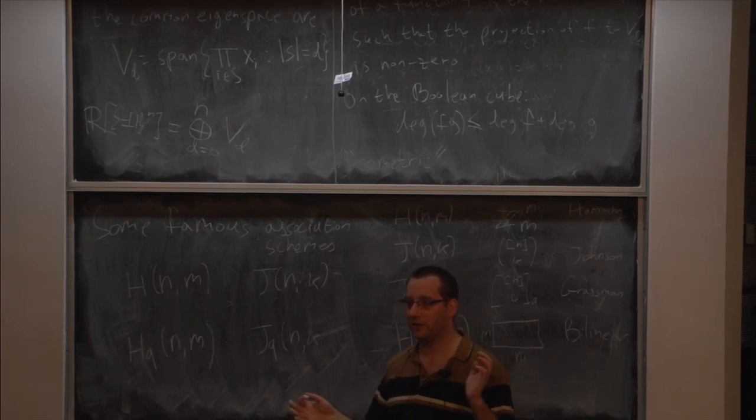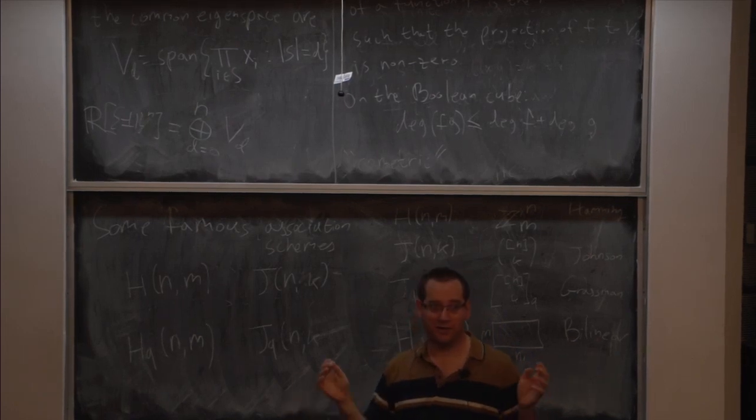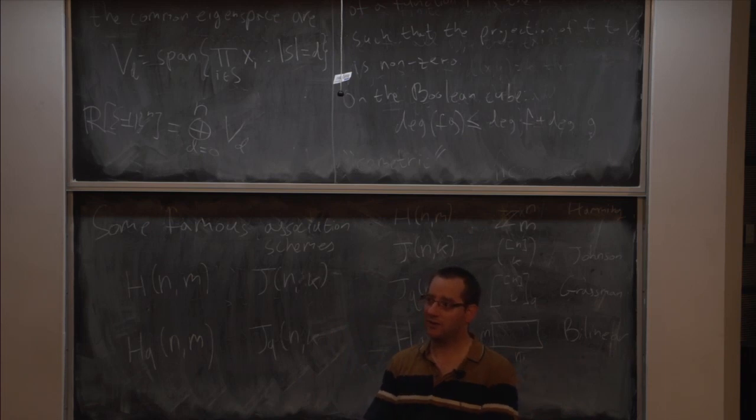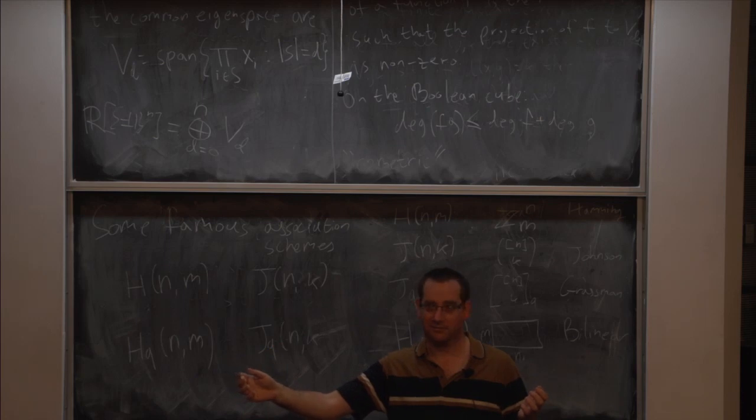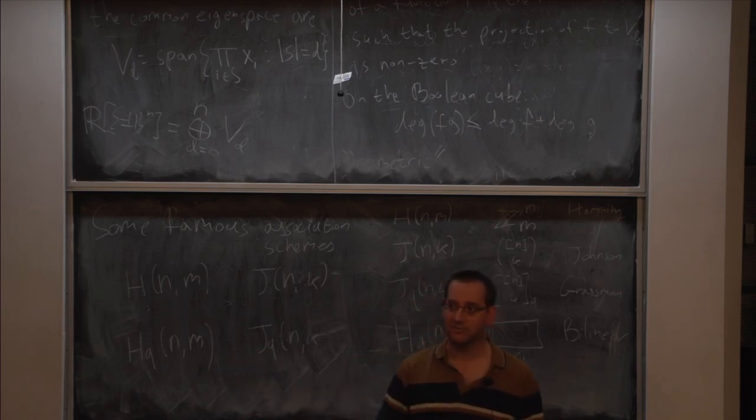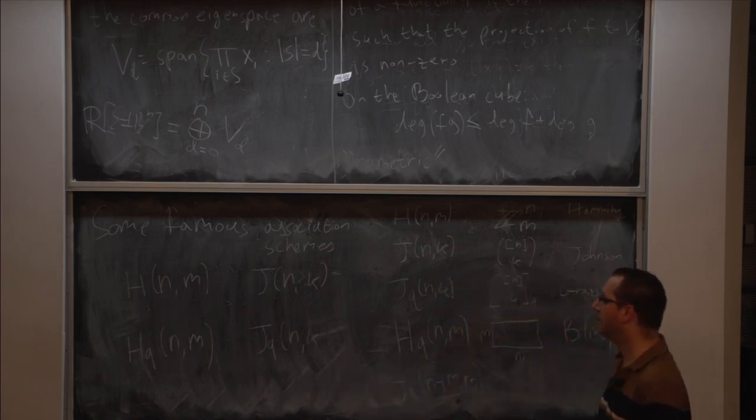This is a representation of S_n, because there's an action of S_n on these things. If you look at the decomposition into irreps, then each of them appears at most once. And this is why this Bose-Mesner algebra is commutative. When you have a group and a subgroup, and each irrep appears once, this is known as a Gelfand pair. Okay, so now you know the theory of Gelfand pairs.